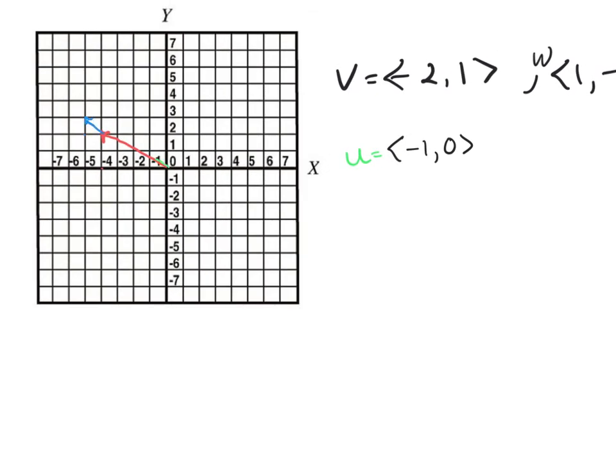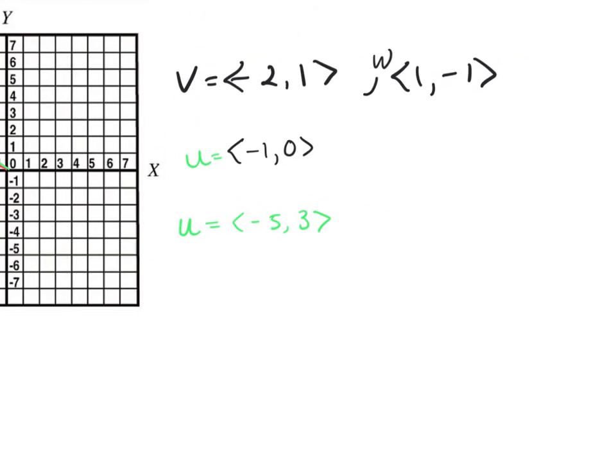My resulting vector, this u, you can see is going to be negative 5, 3. Now let's just do the math really fast. So 2 times v is going to give me negative 4 and 2, and then minus the w is going to give me negative 1, positive 1. And when I add those together, you can see I get the negative 5, 3.